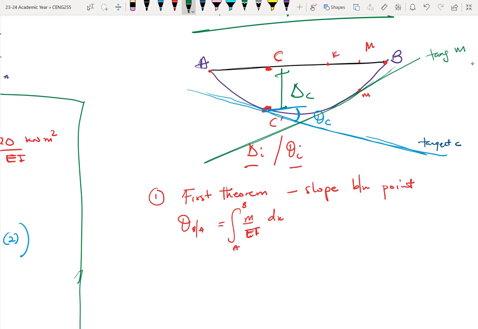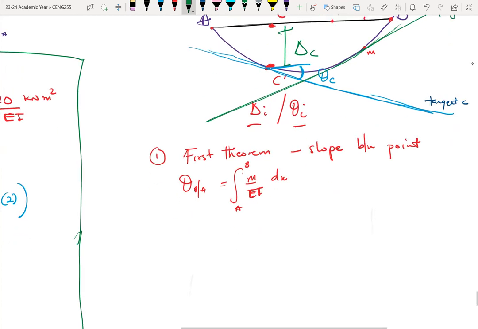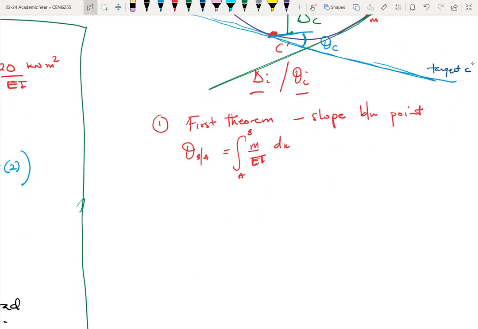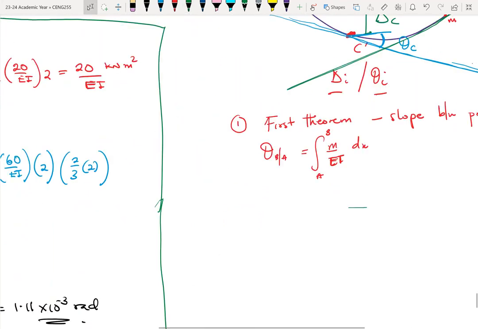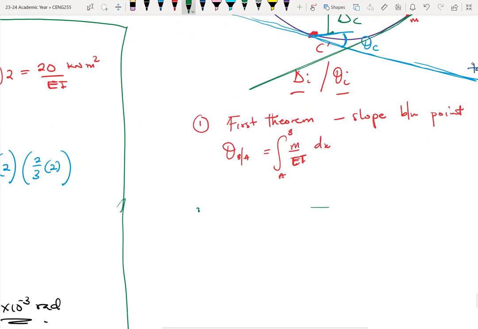Memory aid. Will you be given a memory aid? It depends on the method, because a method like the moment area method has two theorems. The first theorem has to do with slope between points, and the second theorem has to do with the vertical deviation between a point on the elastic curve and a tangent drawn from another point.